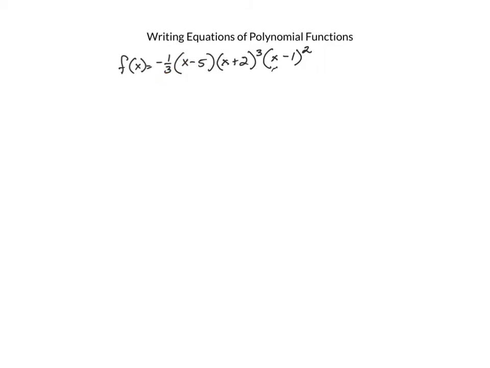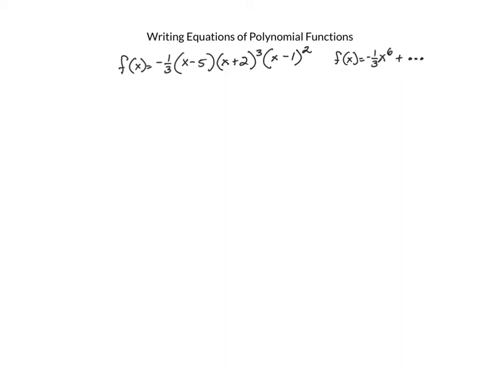So the function would be f of x equals negative 1/3 x to the 6th plus some other stuff. And at this point, it doesn't matter what the other terms of the polynomial are. Let's focus on the polynomial in factored form.